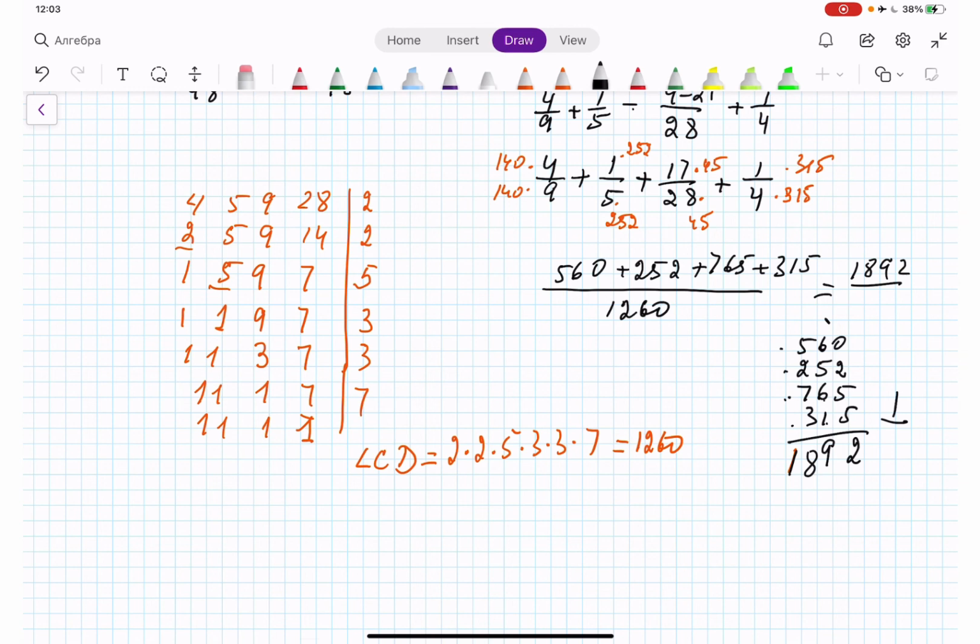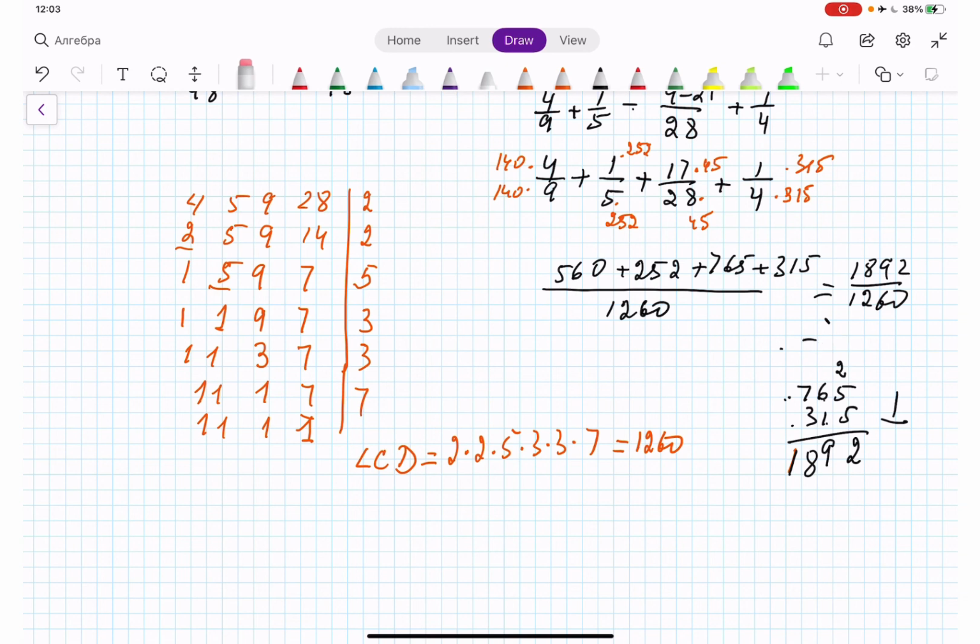Okay, so we are getting 1892 over 1260. And how much is this equal to? Let's see if I can divide 1892 by 4. I get 473.